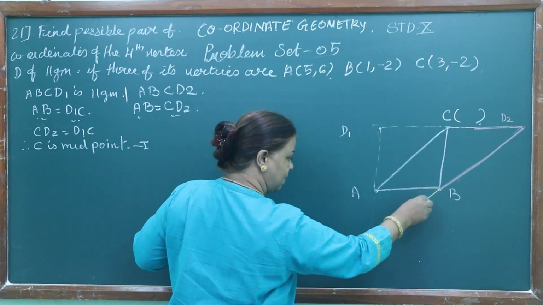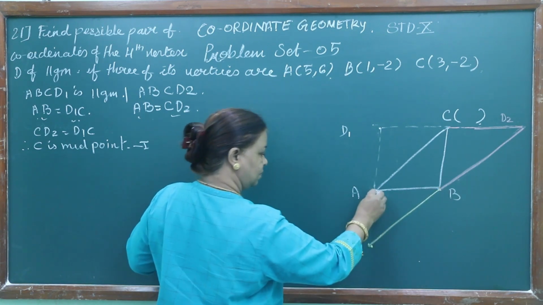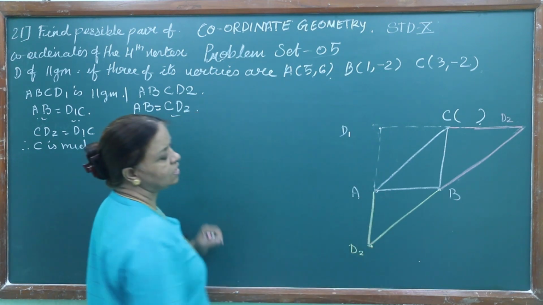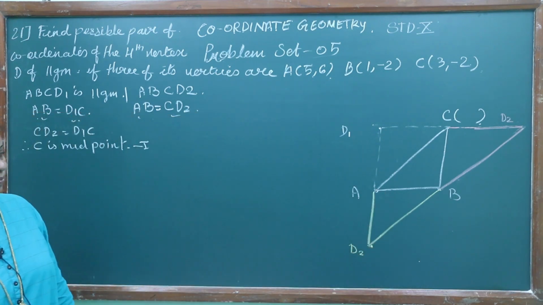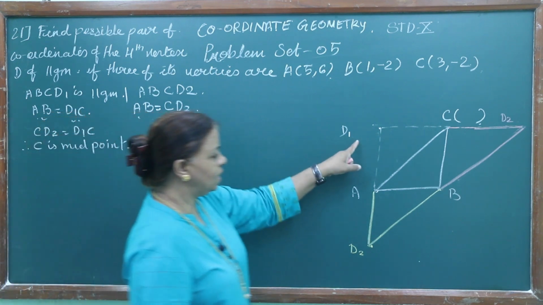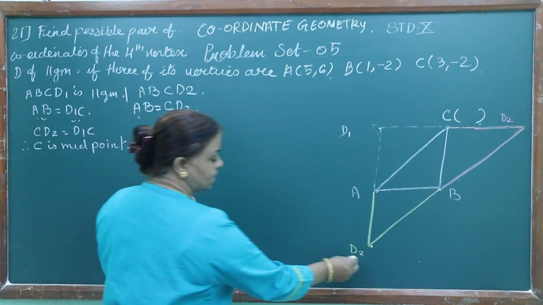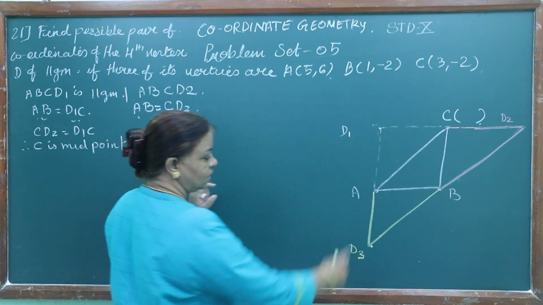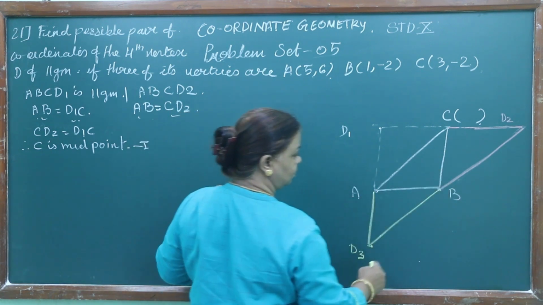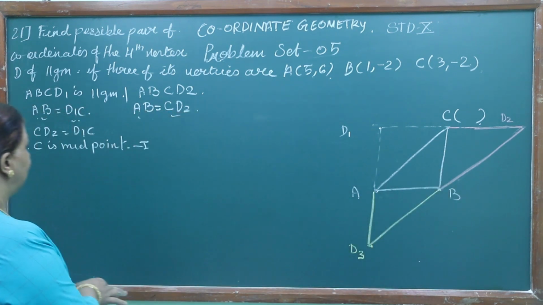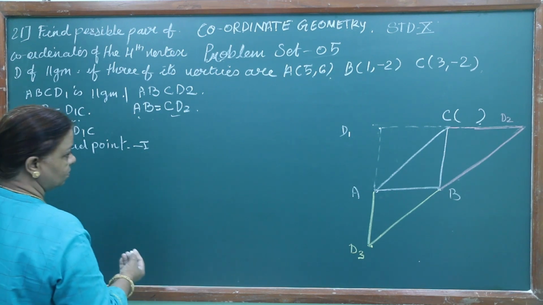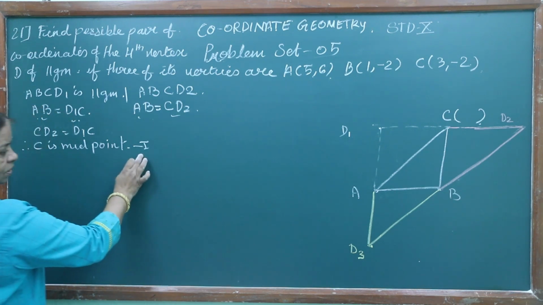Again it is making a parallelogram. This can be the possibility. So when D3 is here, it is making a parallelogram. See the parallelogram. We have proved C is the midpoint.